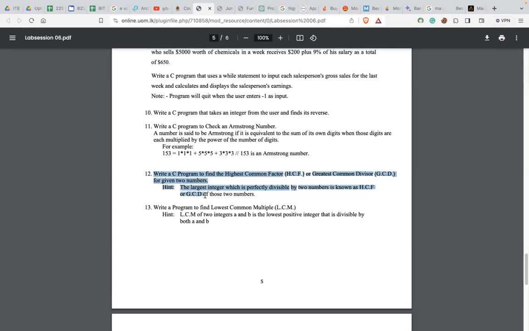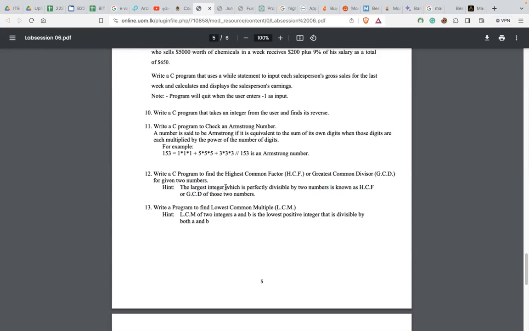GCD, or what? HCF. That means highest common factor or greatest common divisor. Write a C program to find the highest common factor or greatest common divisor for the given two numbers. That means the user will enter two numbers. You need to find the highest common factor.